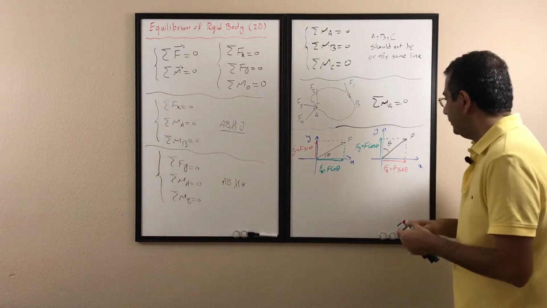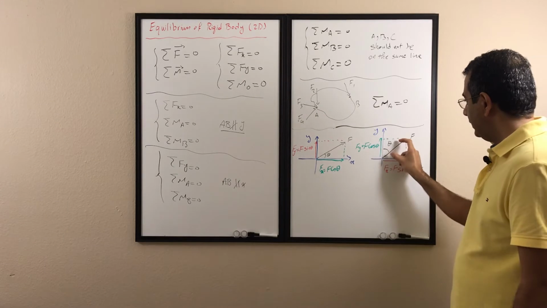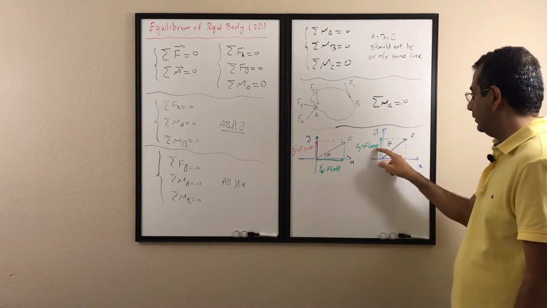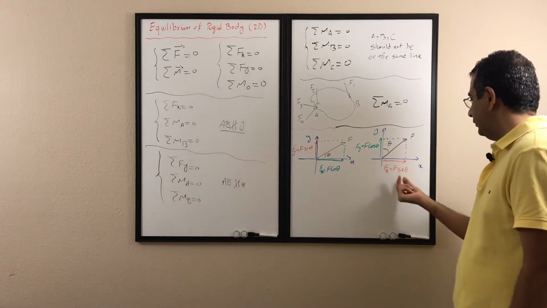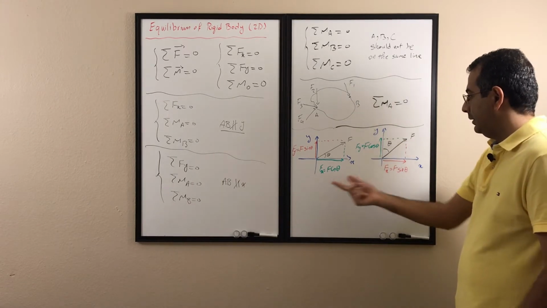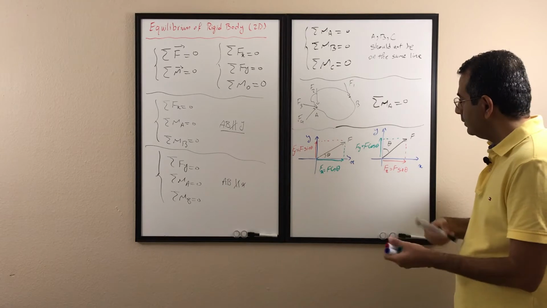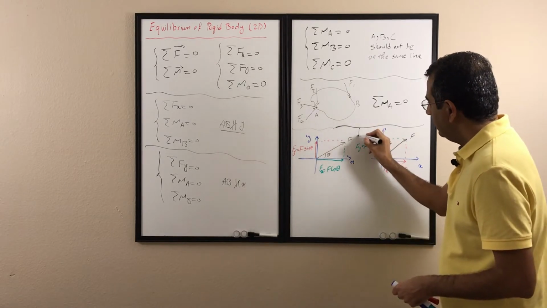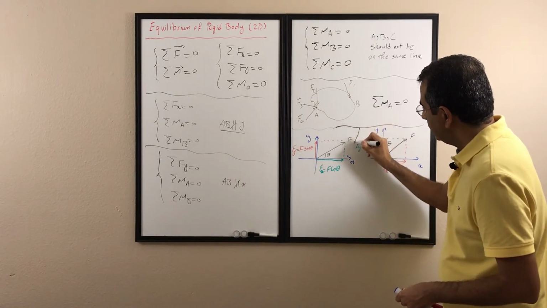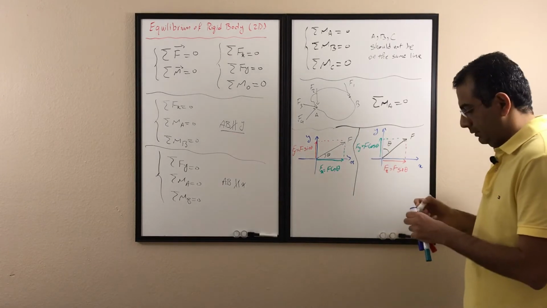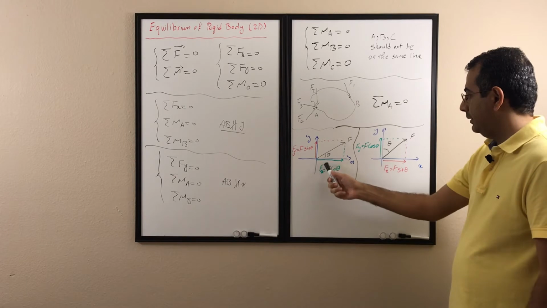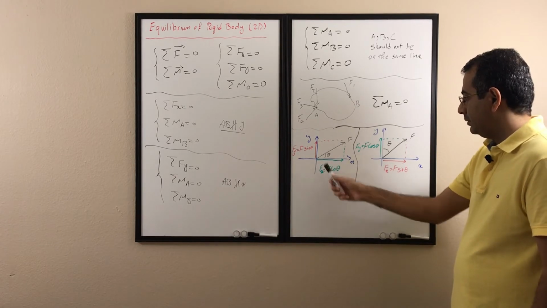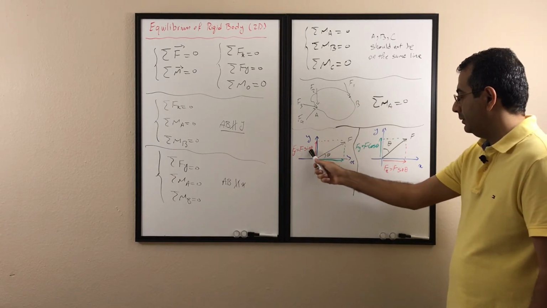So always remember, if you have the component that touches the angle, you use the cosine to find that component. If you have the component that does not touch the angle, is away from the angle, it is going to be sine. The same here, the same here. So we can draw the line here, so these two are separate. Here again, this one touches the angle, so it is cosine, and this one does not touch the angle, so it is going to be sine.